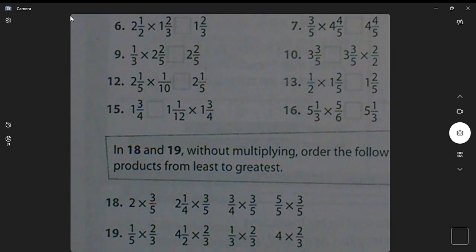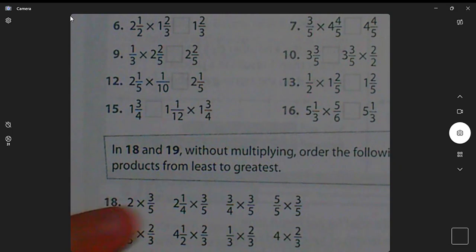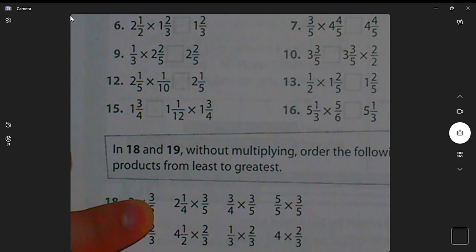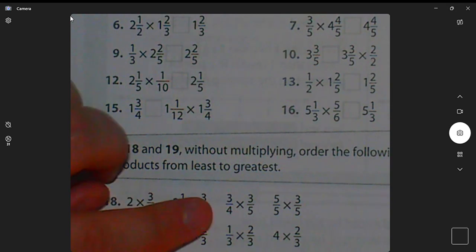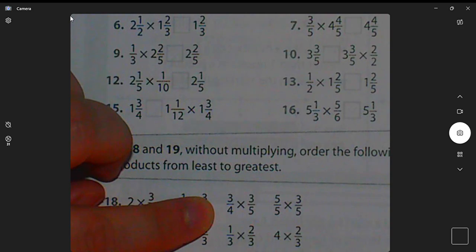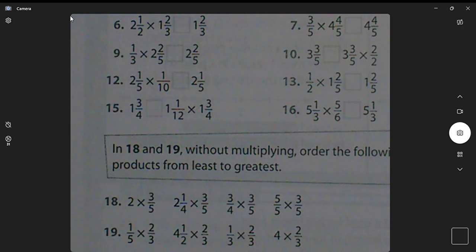We're going to order these from least to greatest without multiplying them out. So let's look at them. 2 times 3/5, 2 1/4 times 3/5, 3/4 times 3/5, 3/5 times 3/5.